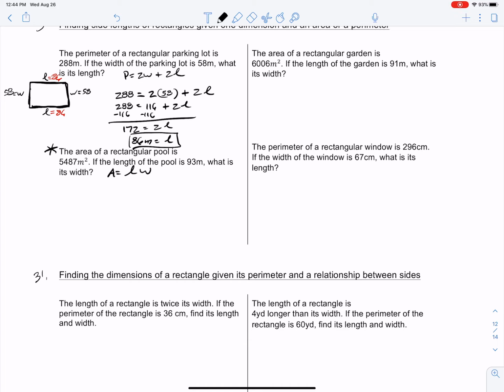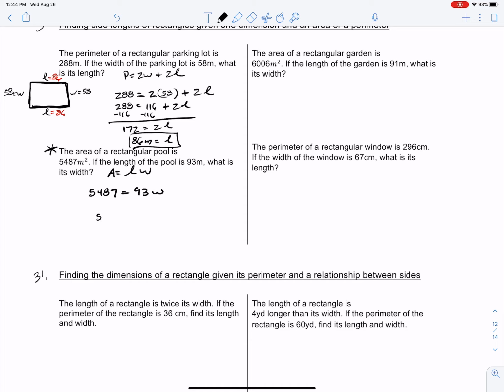It tells us what the area is. It tells us that the area is 5,487 meters squared. Furthermore, it tells us the length. It says the length of the pool is 93 meters, times, well, we don't know what the width is, times W. From there, you just divide 93 from both sides.